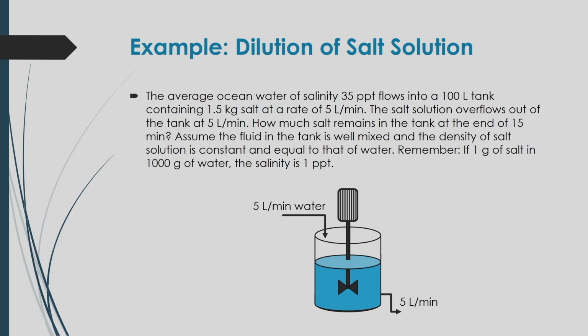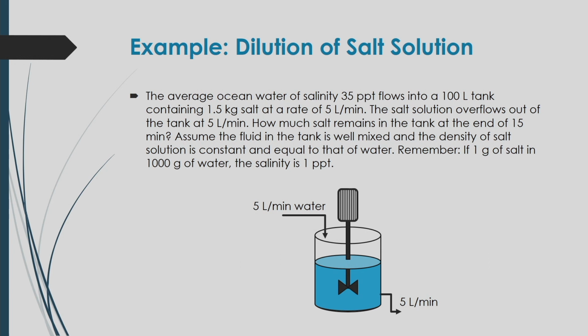The salt solution overflows out of the tank at 5 liter per minute. How much salt will remain in the tank at the end of 15 minutes? Assume the fluid in the tank is well mixed and the density of the salt solution is constant and equal to that of water.